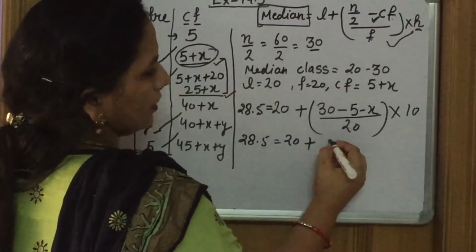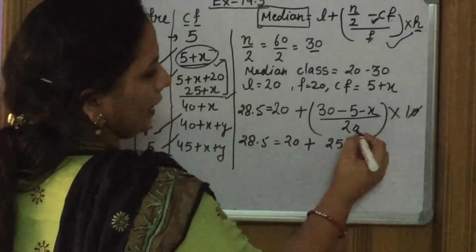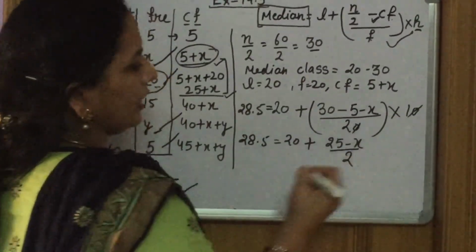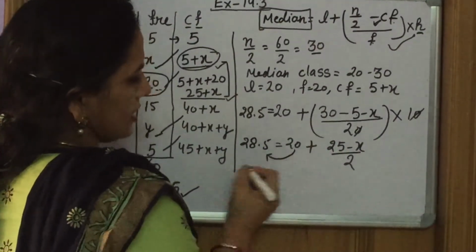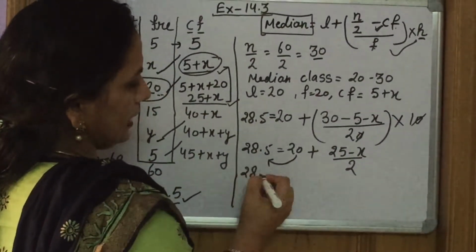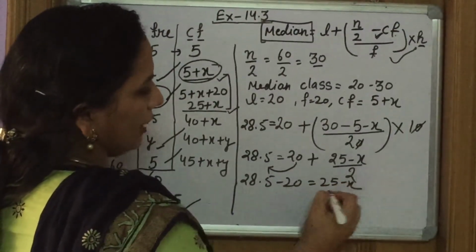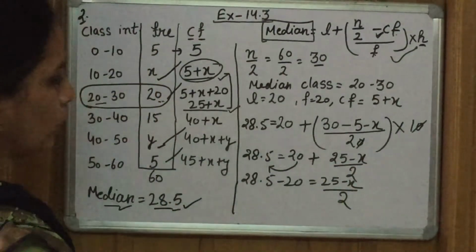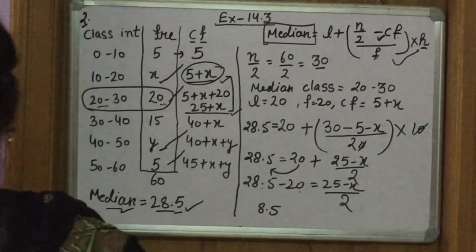Subtract the terms. 25 minus x, we can cancel out this term, then we get this one. After this, the constant term, we can transpose to the right hand side. Then we have (25 minus x) divided by 2. Subtract the terms, then we have 8.5.